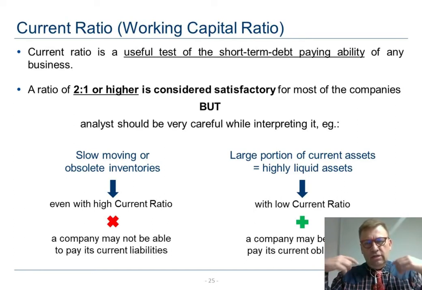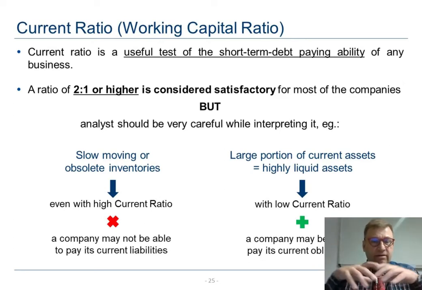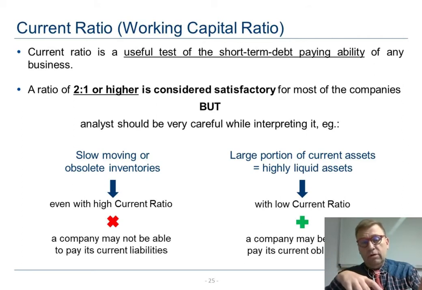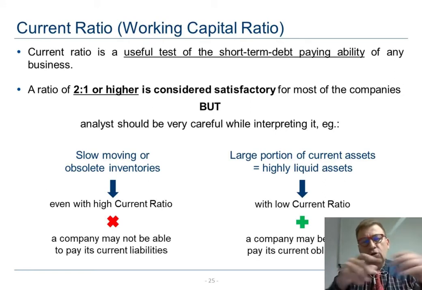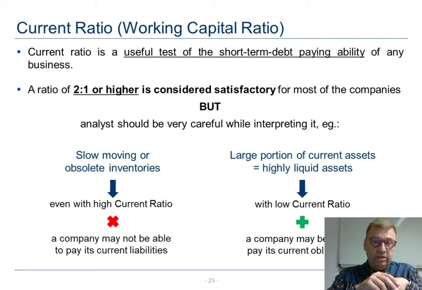So with these slow moving and obsolete inventories, even if the company has a very high current ratio, because maybe in the books these inventories are worth quite a lot of money, the company may not be able to pay its current liabilities, unfortunately.